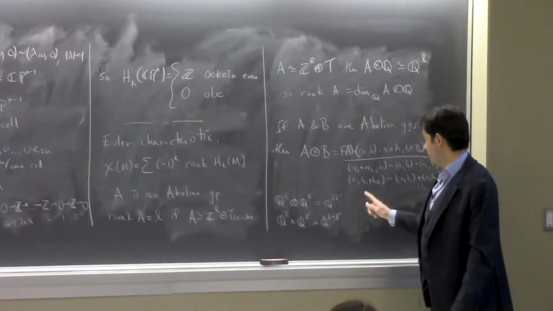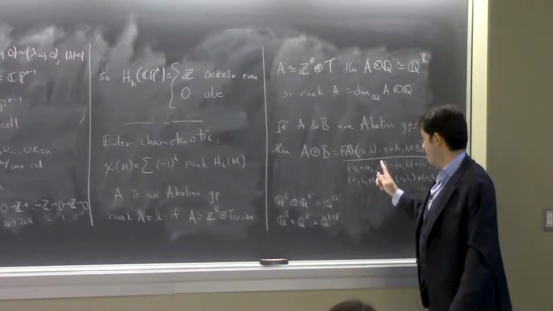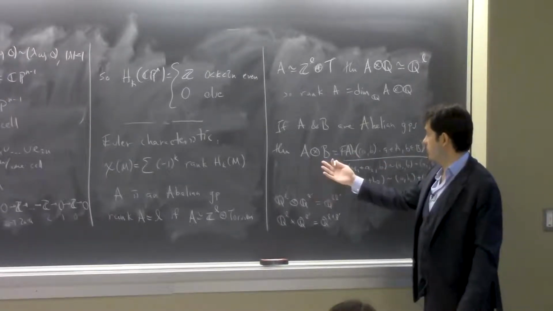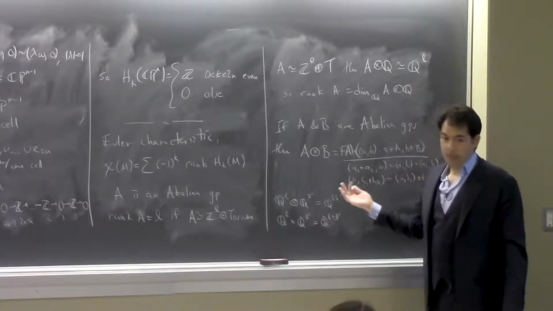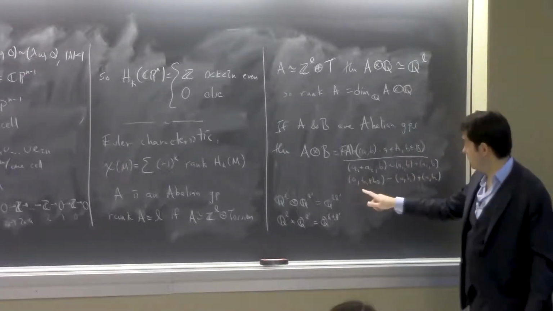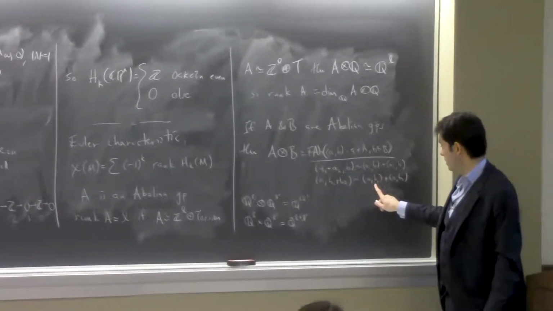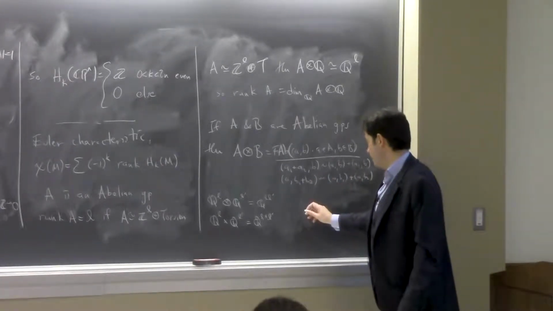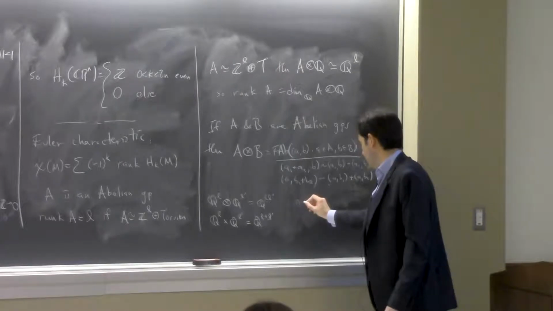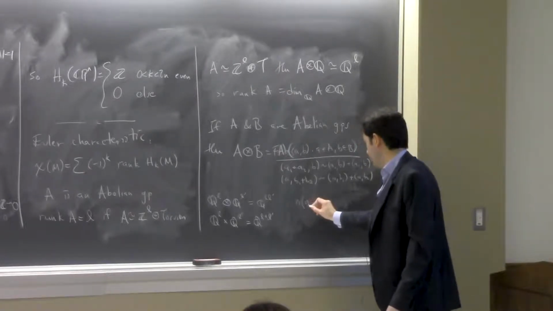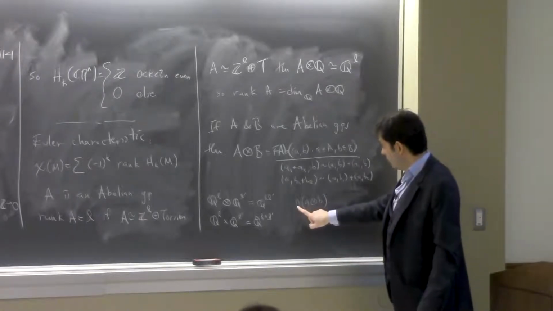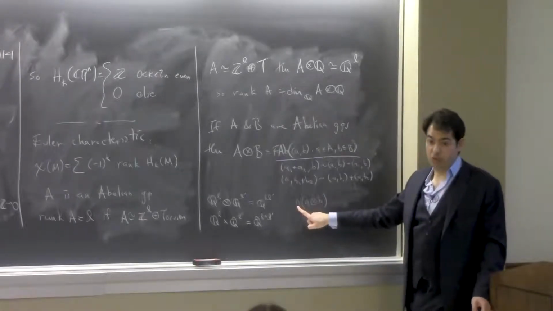Of course you can tensor things that are much more general than just abelian groups. But for abelian groups, it's really easy to describe because this is the only thing you have to mod out by. A key fact is that in an abelian group, it always makes sense to multiply by an integer n.